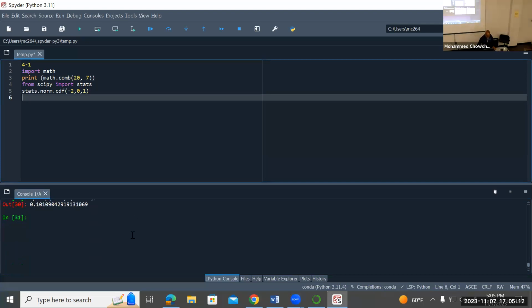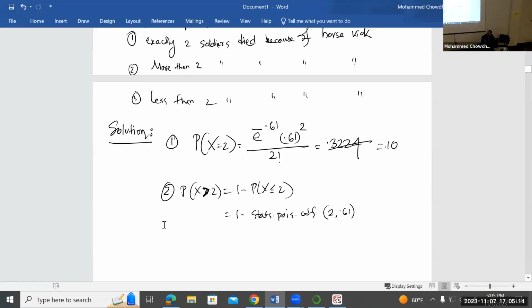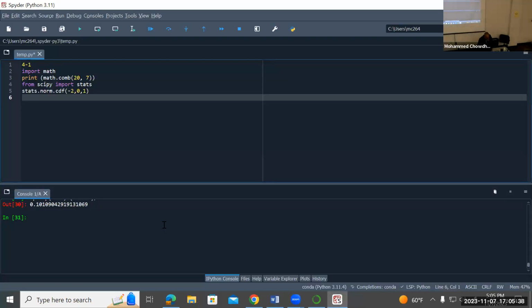Okay. So now this should be what you can write here. You can write here 1 minus stats.poisson.cdf, and then you can put here 2.61.